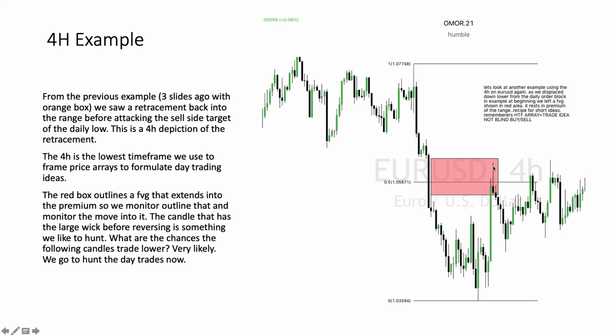When it trades into the premium, into the fair value gap, and it clearly rejects, and look at the close of the candle, it's so close to the low. What do you think? If you didn't have all of this price action, wouldn't you think that the next candles, or the next few candles at least, are going to trade lower just based off this, that we went higher and then we came all the way back down?